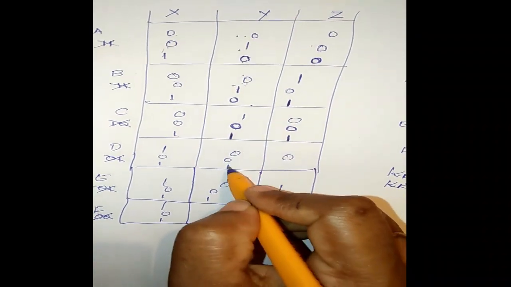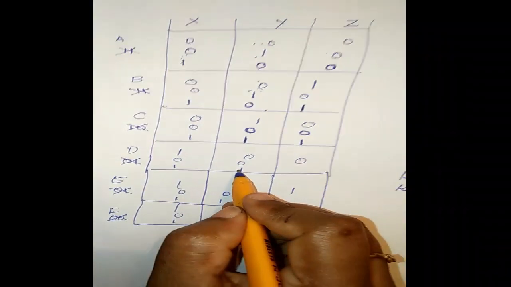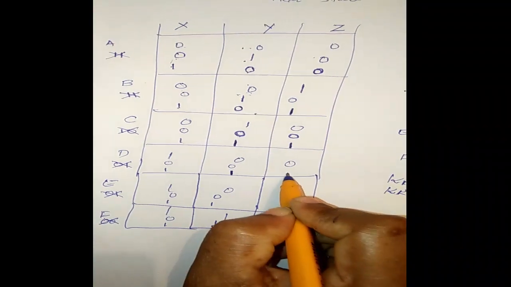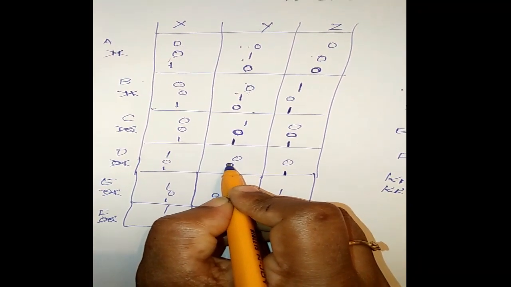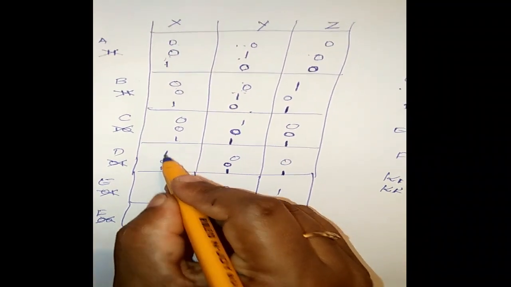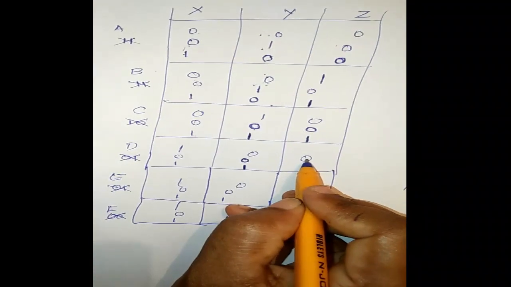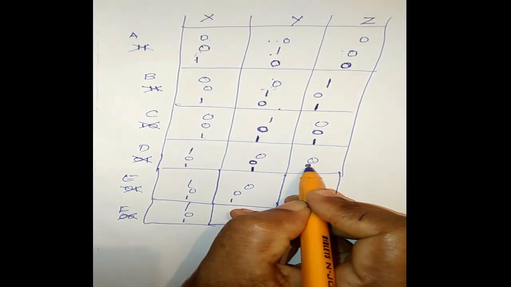Now come back here. Whenever y is 1, whatever is in x comes to my z position. And whenever y is 0, maybe x is 1 or 0, whatever is in my output will come back to this output.